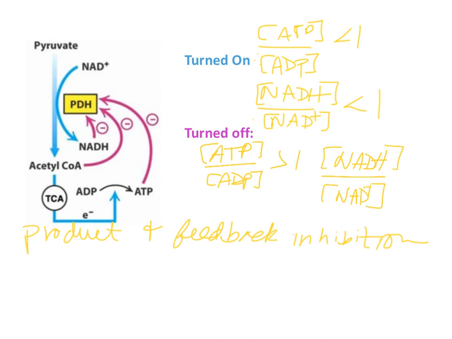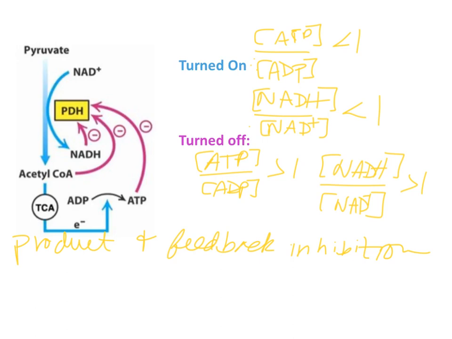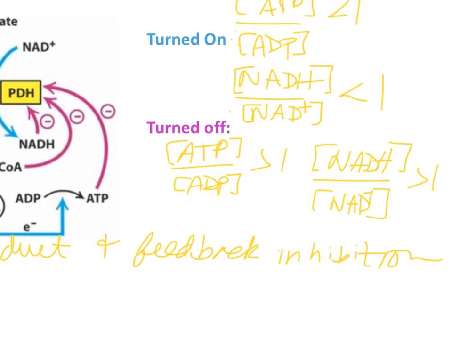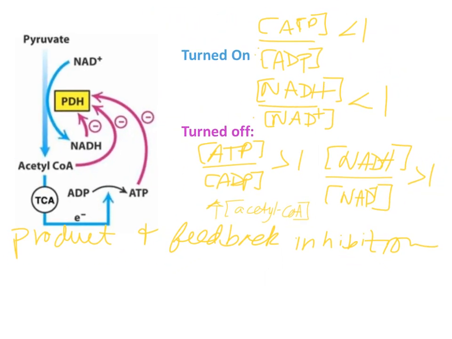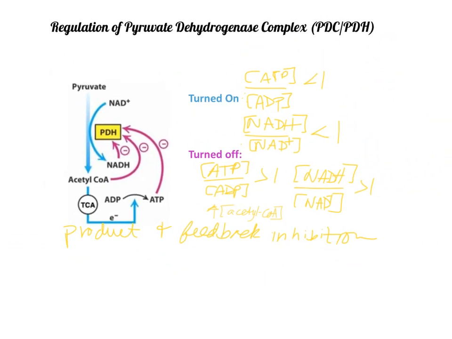Very consistent with these brackets, am I? And then the added one here is that you will also be turned off in high concentrations of acetyl-CoA. Okay, so product inhibition, that's the acetyl-CoA and this NADH.